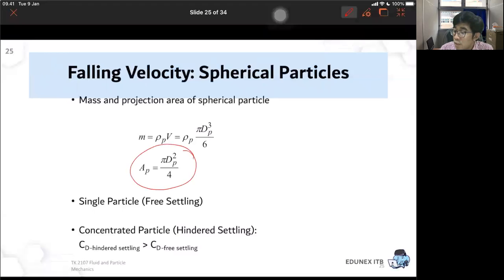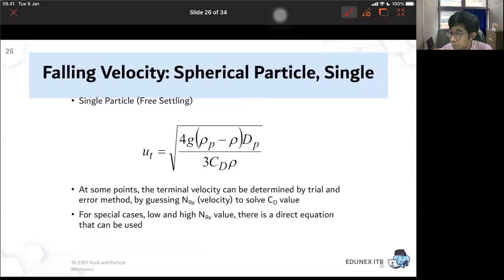First we will discuss the single particle, which is only one particle falling down. Later we will discuss concentrated particles, a lot of particles falling down, which we call hindered settling.